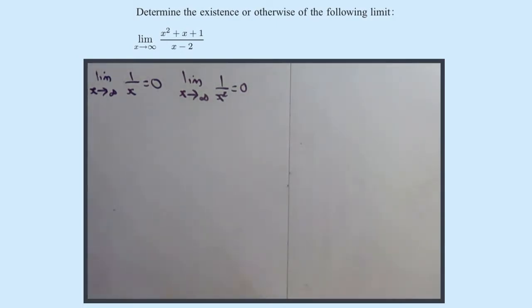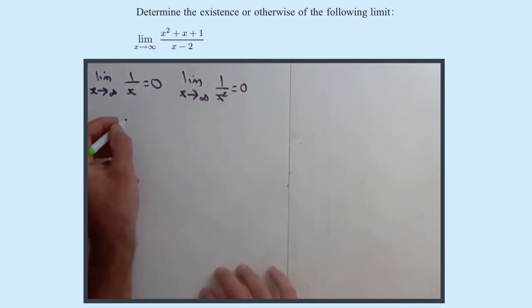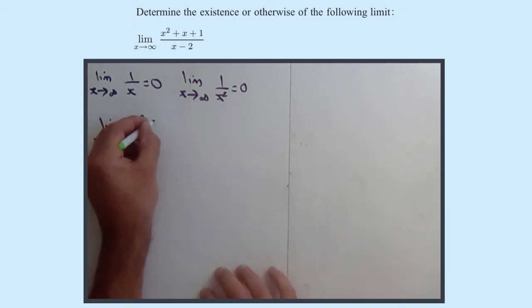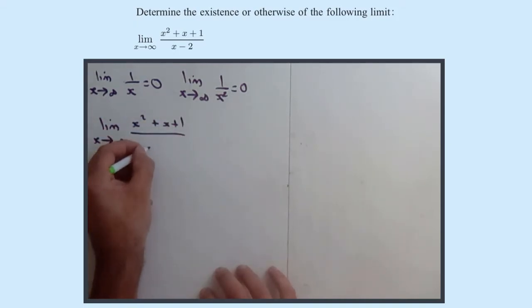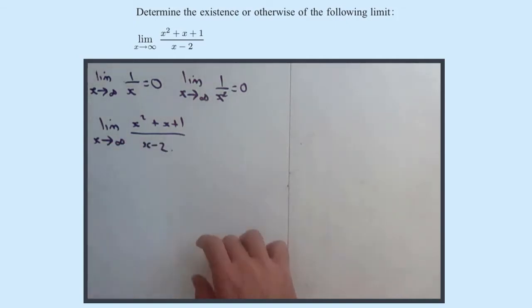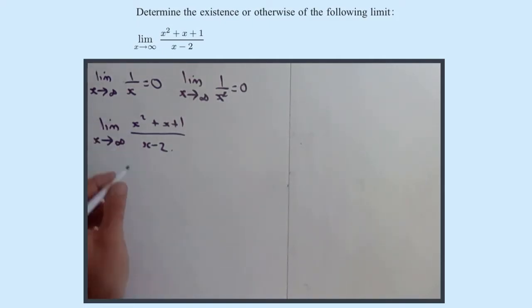So we're looking to find the limit as x approaches infinity of (x squared plus x plus 1) over (x minus 2). We take top and bottom and divide them both by the highest power of x, which is x squared.